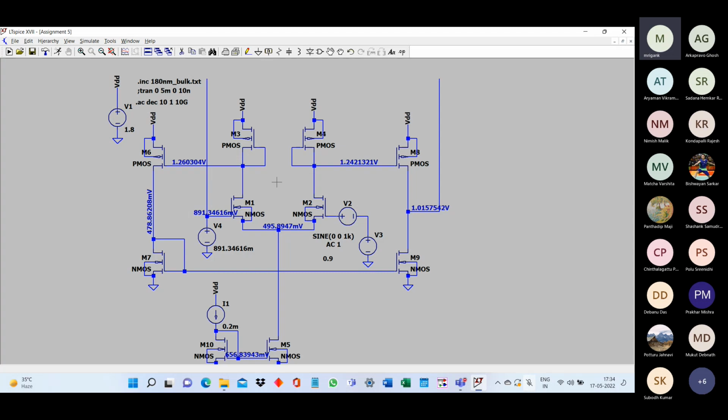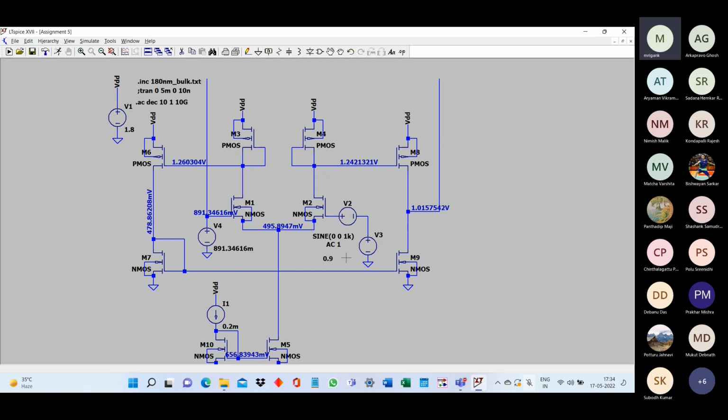The first stage is only providing a good common mode rejection ratio, and it is providing small signal current which is going to the output stage. So most of the gain will actually come from the output stage, which is right now pretty small, right? You can see that the gain right now is only around 35 dB, which means just around 15-20 kind of gain you are getting.